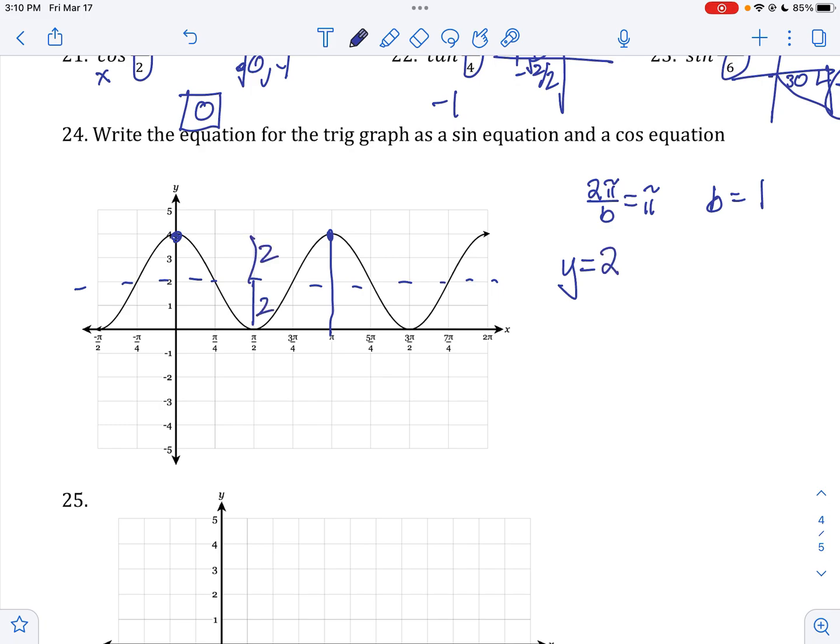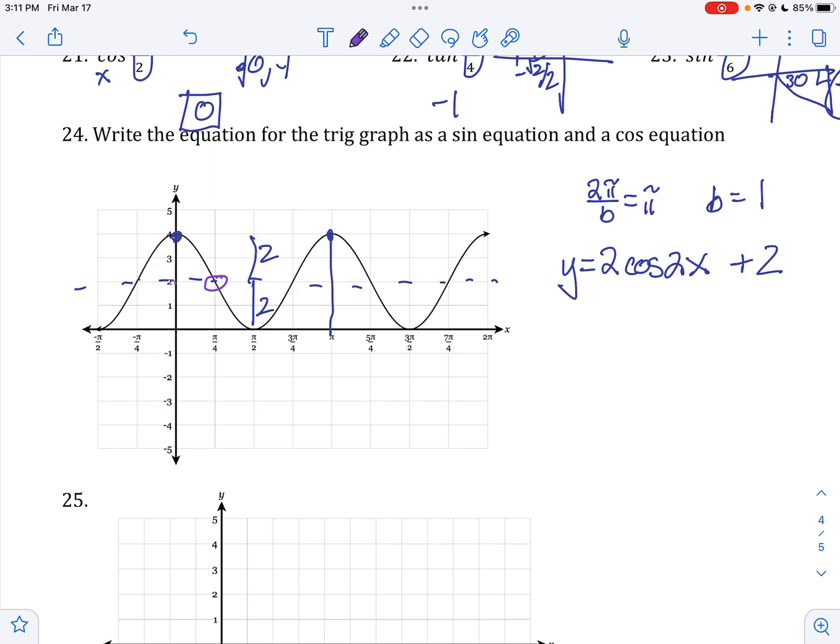So 2, the cosine, our b value is, excuse me, that means b has to be 2. 2x, I guess I don't even need that if I don't do it with a phase shift, so 2x plus 2. Now if I did it with a sine it would usually start here, but it moved over.